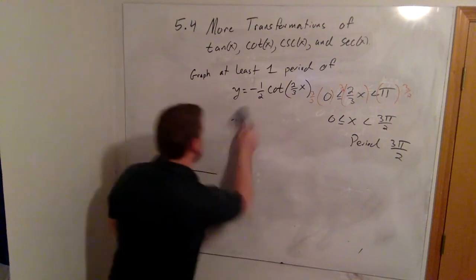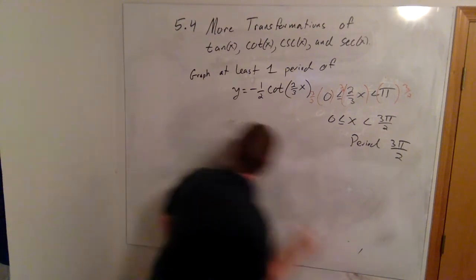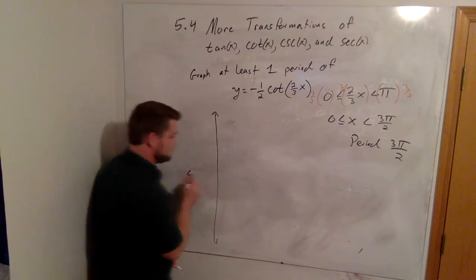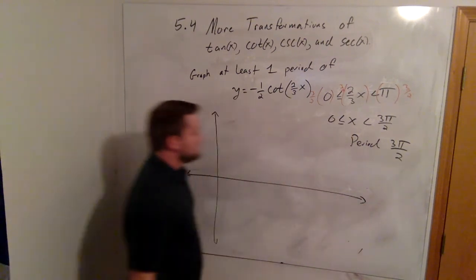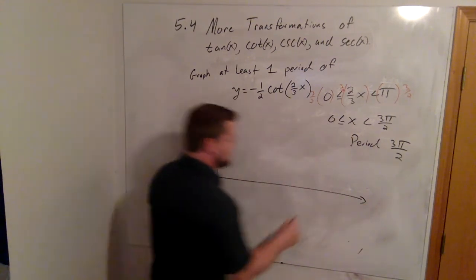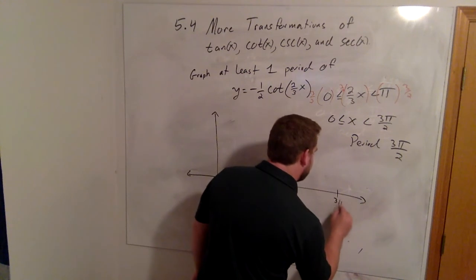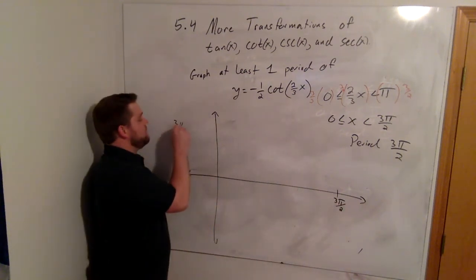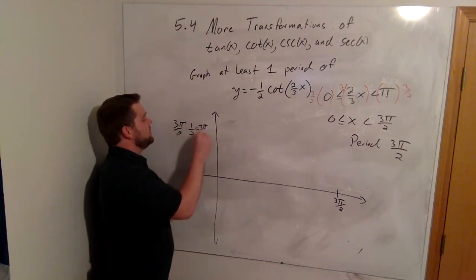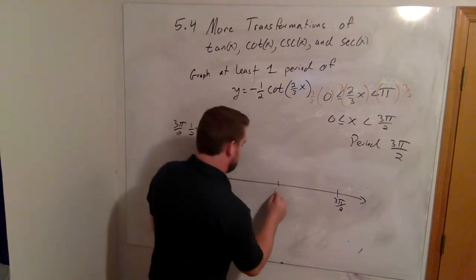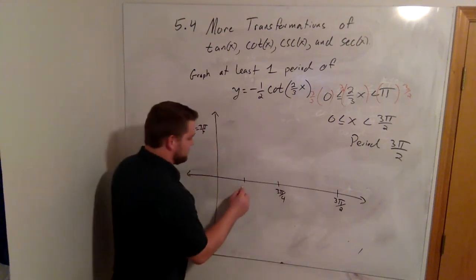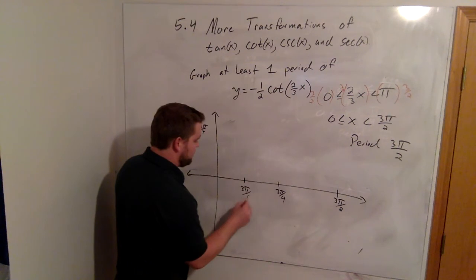Okay, so let's sketch this. Let's move it over a little bit. The period will be 3pi/2, so let's cut that in half. If I take 3pi/2 and cut it in half, I'll be at 3pi/4. Let's cut that in half again, so I'll be at 3pi/8.